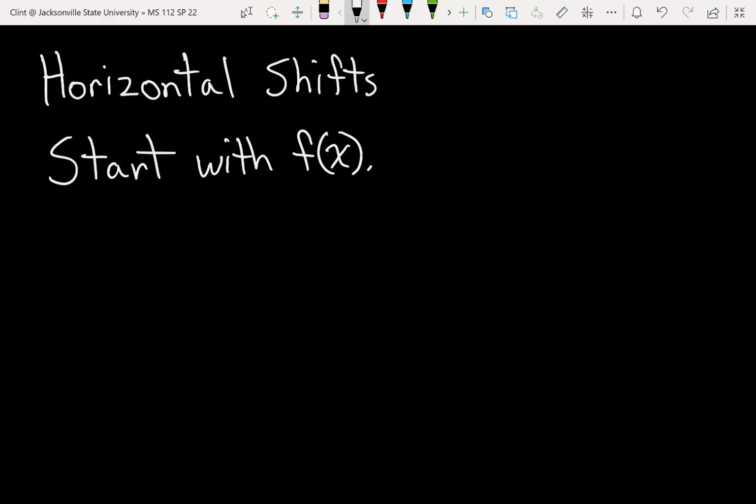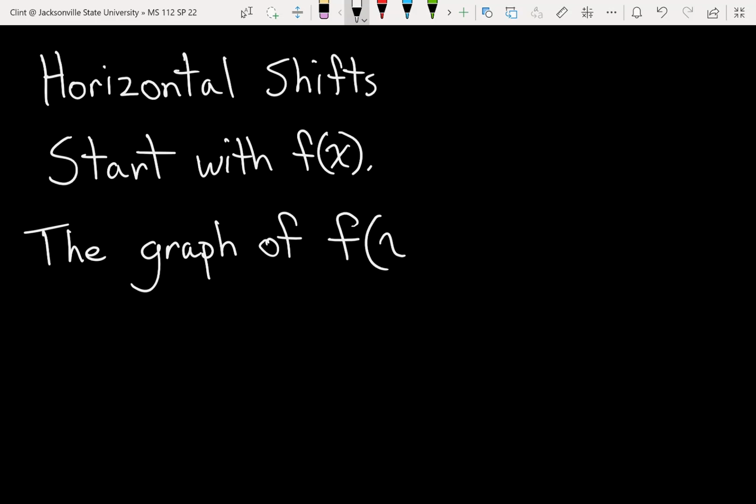This time it's going to look a little bit different, and it'll make more sense when we see the examples, but the plus or minus that we're going to do on these is inside our basic function with the x.